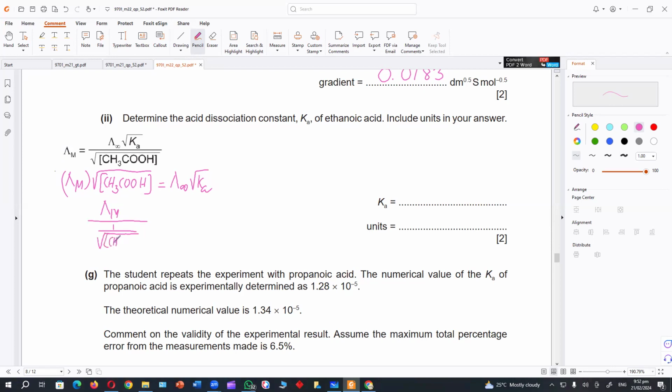So gradient is equal to this symbol under root Ka. I've shown the working. Let's make Ka the subject.